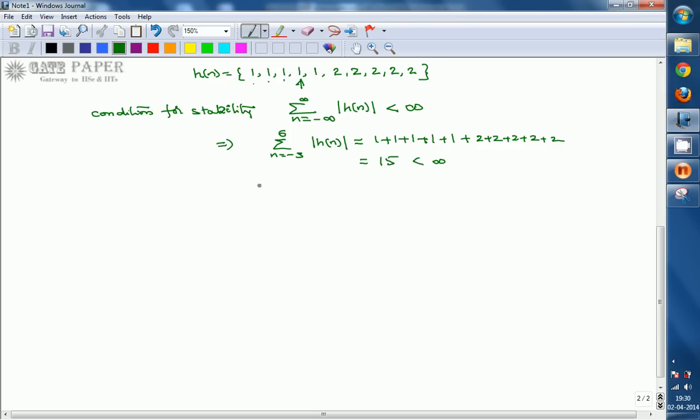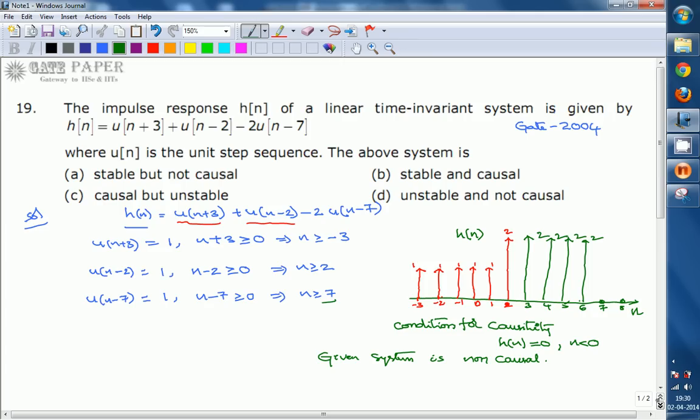So we can say that the given system is stable. So finally we got that the system is stable and the system is non-causal. So we can see the options here. The system is stable but not causal, so we can observe that this is the correct answer. So option A is the correct answer here.